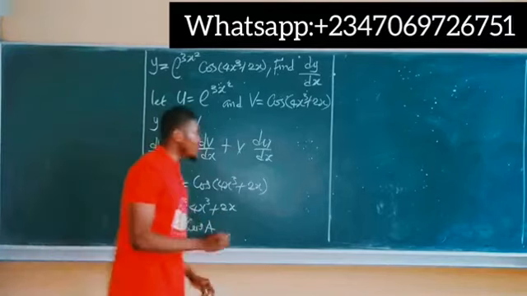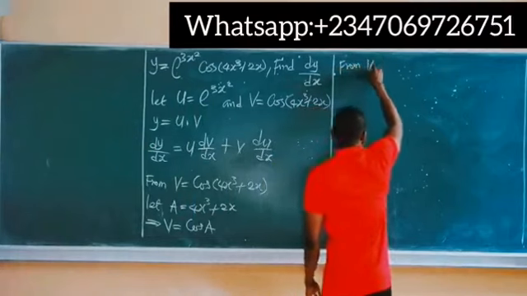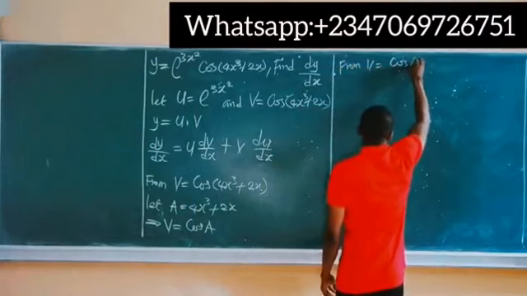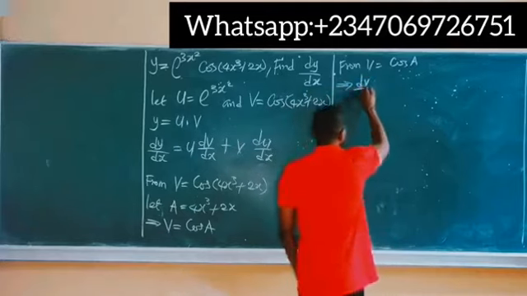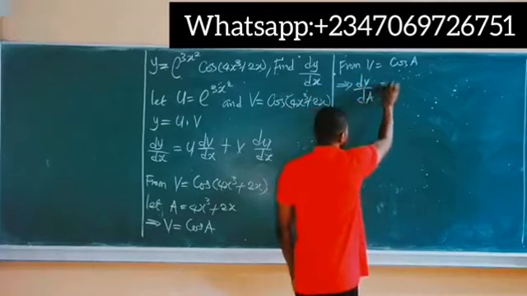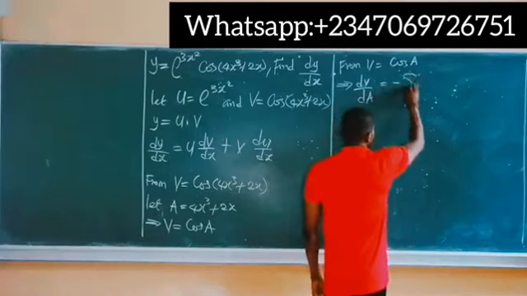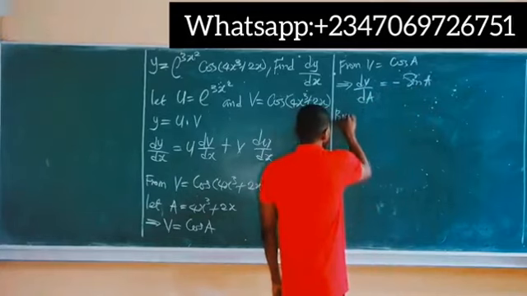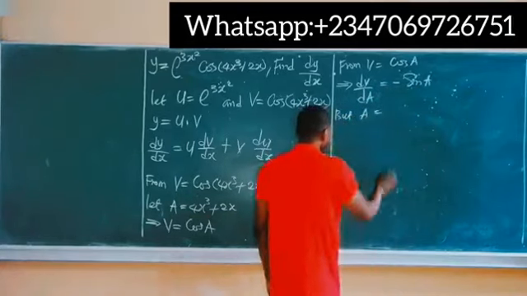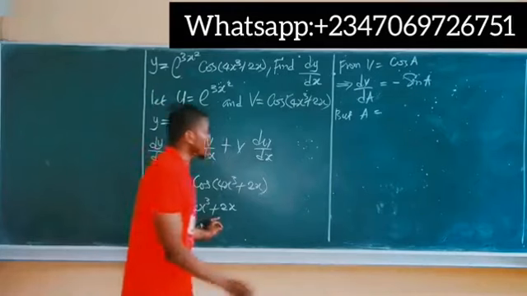So if I do that, from v equals cos a, that simply implies that dv da is equal to, if I differentiate cos, minus sine a. But recall you said let a be equal to 4x cubed plus 2x.